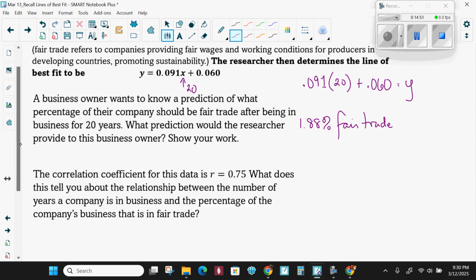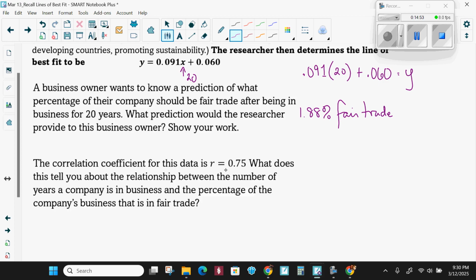Okay, let's look at the next one. The correlation coefficient is 0.75. What does this tell you about the relationship between the number of years a company is in business and the percentage of the company's business that is fair trade? We'll say a fairly strong positive linear association.